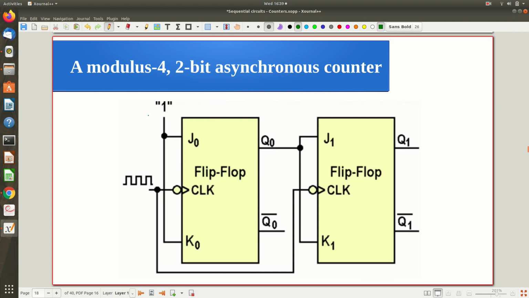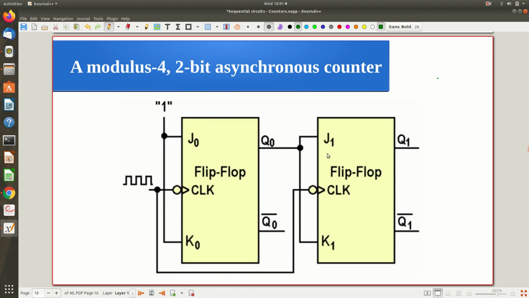Okay, this is from some material I got, but anyway you got the idea, right? What is the difference? And here you can see something called a modulus 4 2-bit asynchronous counter. Right now don't worry about this terminology. A 2-bit counter means in the background you need 2 flip-flops. So a 2-bit counter is made out of 2 flip-flops, that is clear.